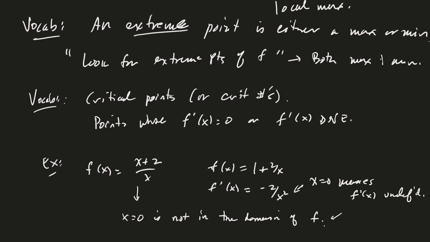If it's not in the domain, we wouldn't include it, because we really only want to include points that are in the domain of our function when we're looking for maxes and mins. Good.